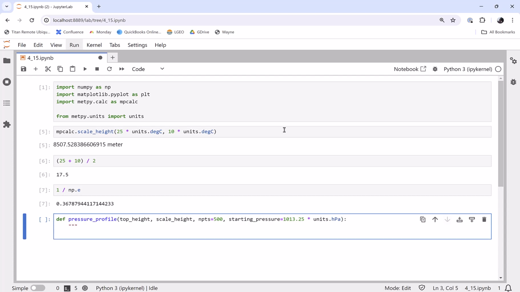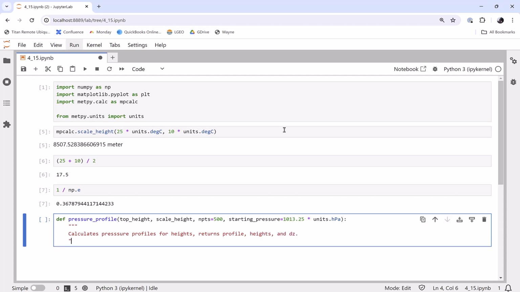Put a quick docstring in here. Calculates pressure profiles for heights, returns profile, heights, and dz, our change in height.